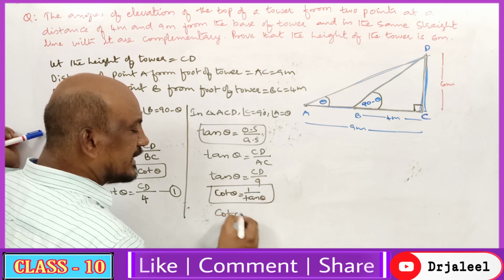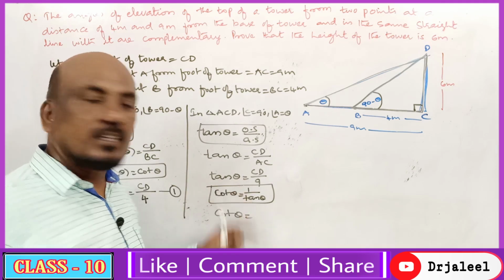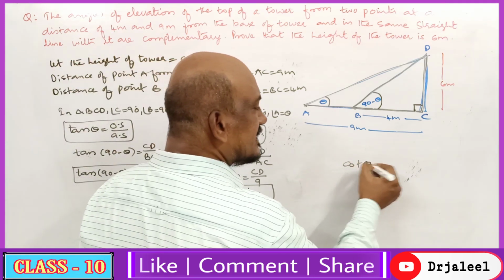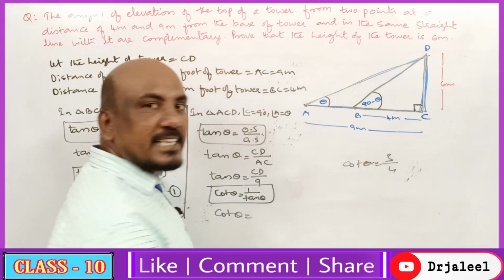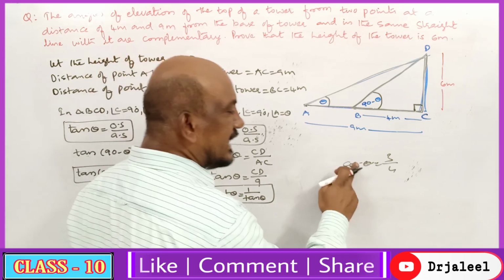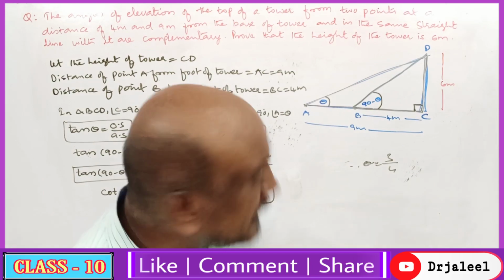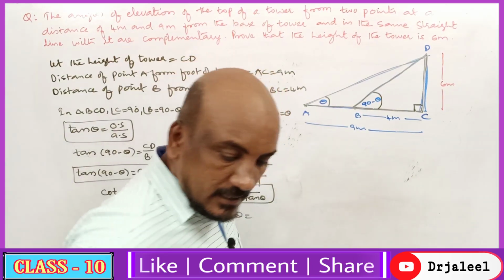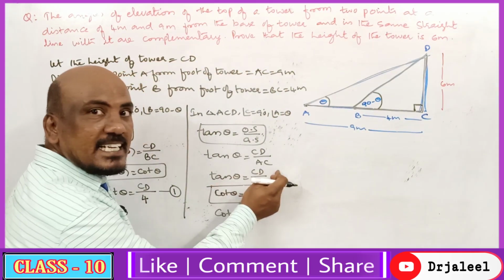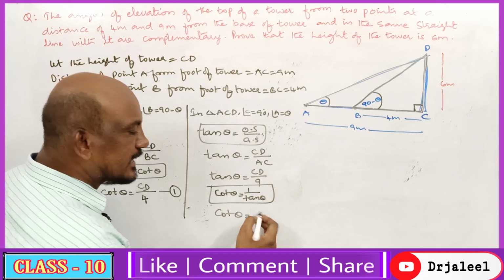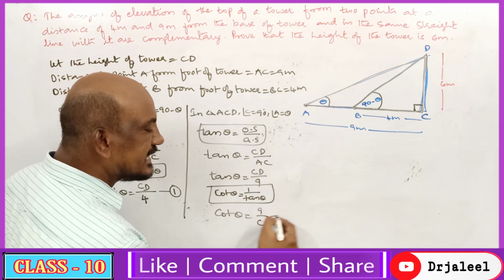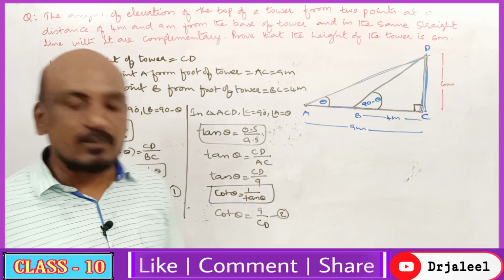If cot theta is 3 by 4, what is tan going to be? 4 by 3. If tan theta is 3 by 4, what is cot? 4 by 3. They are reciprocal to each other. So if tan theta is CD by 9, cot theta is going to be 9 by CD. Now I put this as the second equation.